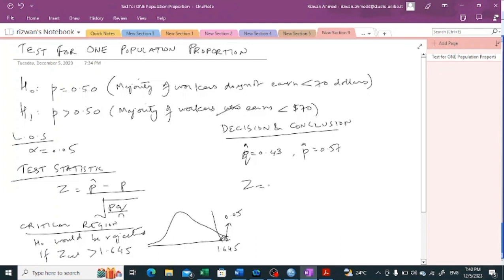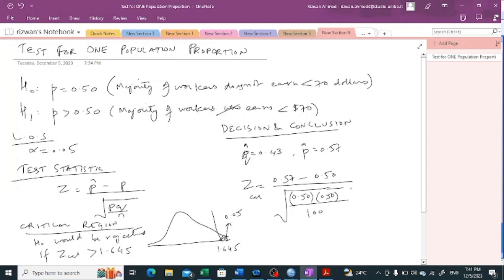Now we substitute the values in the Z formula. 0.57 minus P, which is 0.50 in H naught, divided by the square root of 0.5, the value of P, times 0.5, the value of Q, divided by 100.